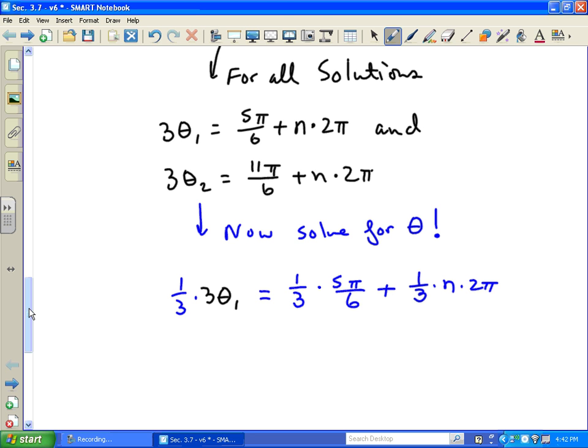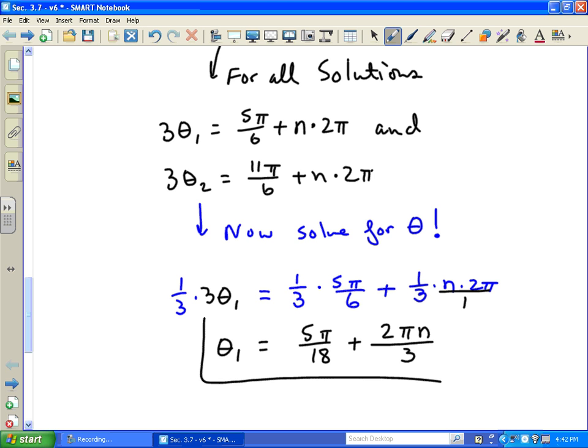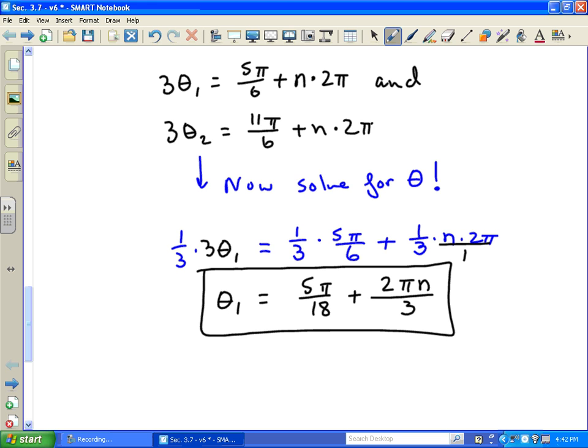Okay, that being the case, this would become theta sub 1 equals 5 pi over 18 plus, and I'm going to rearrange the order of this a little bit, that's over 1, I'm going to say 2 pi n over 3. That's the first solution to all solutions. The second one, take the 3 theta sub 2 equals 11 pi over 6 plus n times 2 pi.